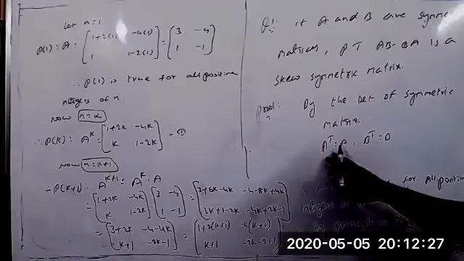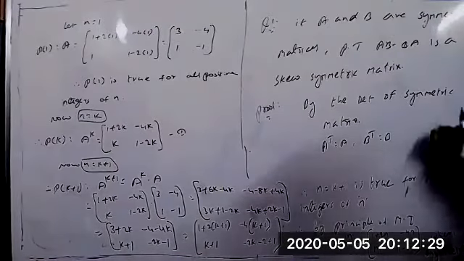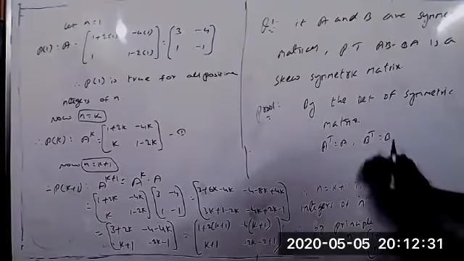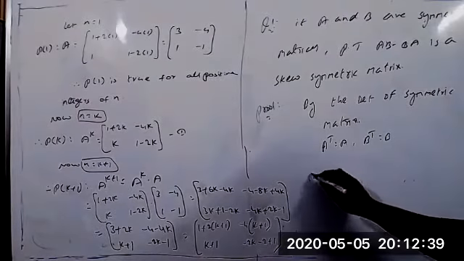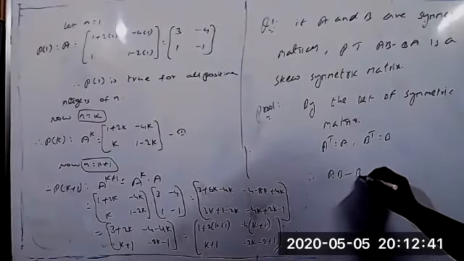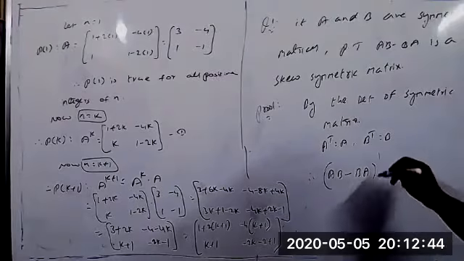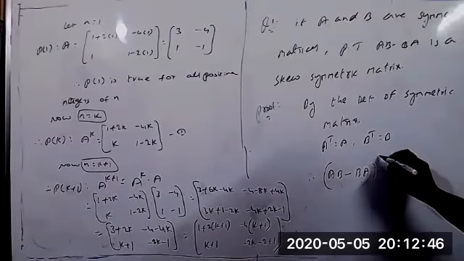Then only we say A is symmetric and B is symmetric. Now we have to prove that AB minus BA is a skew symmetric matrix. So, you can write the condition: I'm taking AB minus BA whole transpose.